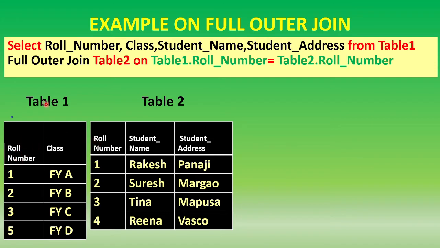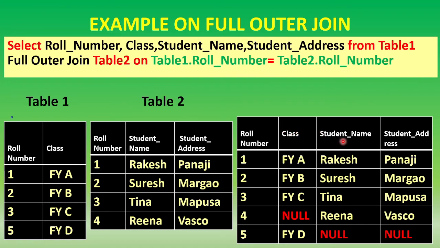Roll number is there in table 1 and roll number is there in table 2 also. So based on the roll number only these tables are combined or joined. Which join do I have to apply now? Full outer join. In the output table, the roll number, class, student name and student address columns have to be there because that is what we are selecting. So roll number, class, student name and student address are there now in my output table, that is table 3.